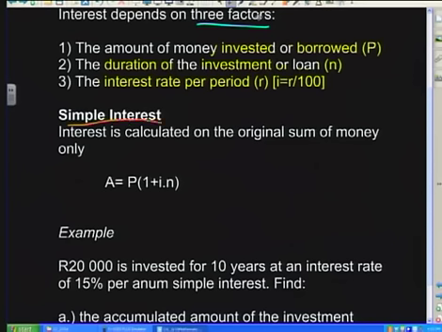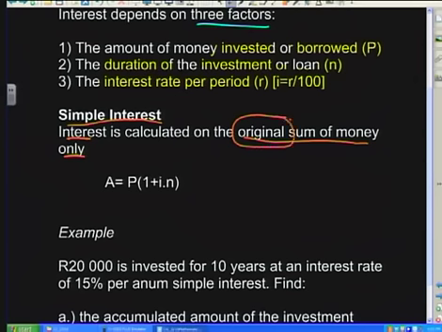Now, simple interest, as the name implies, is very simple. All that happens is the interest that you get is based on the original sum of money only. So with simple interest, the interest that you're calculating is based on the original sum either borrowed or invested.